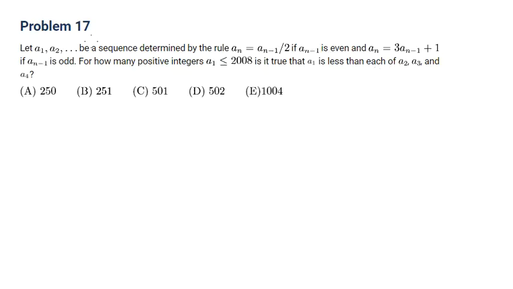By this rule, for how many positive integers A1 is A1 less than each of A2, A3, and A4? If we want A1 to be less than A2, then A1 has to be odd, because if A1 is even, then A2 would be half that, and so it would be smaller.